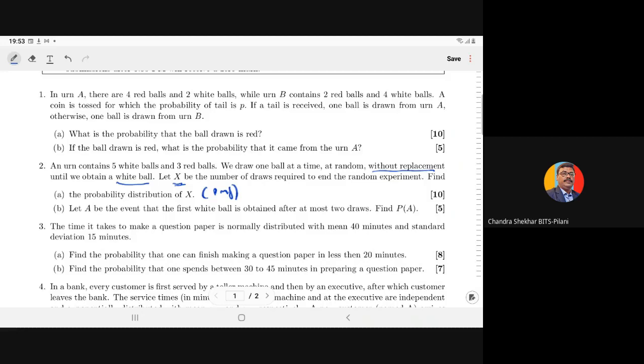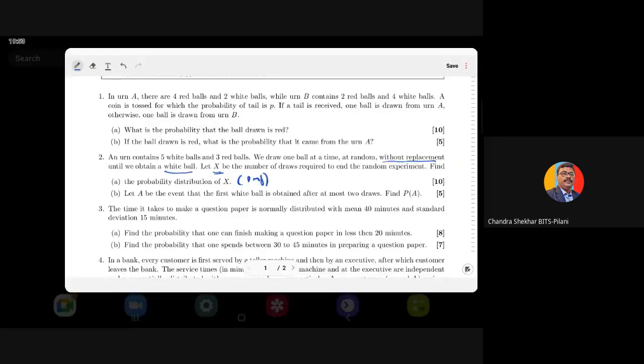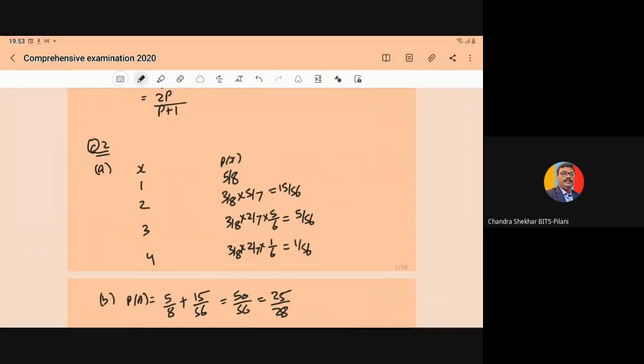If the first draw is white, the probability will be 5 upon 8. If the second draw is white, it means the first is red. So when the first is red, it will be 3 by 8, right? 3 by 8 into 5 by 7, because the experiment is without replacement, so the number of balls will be reduced.